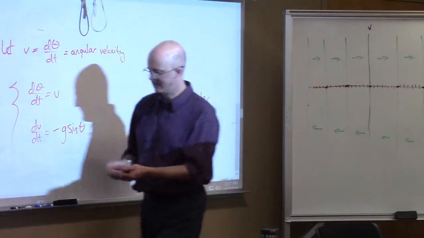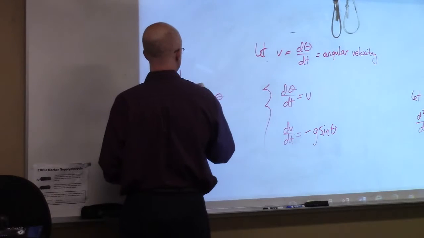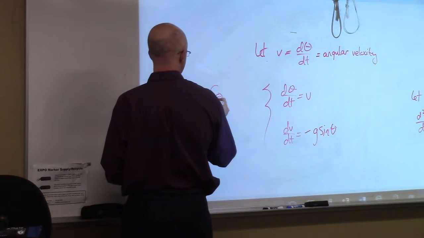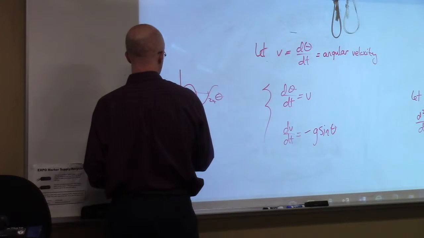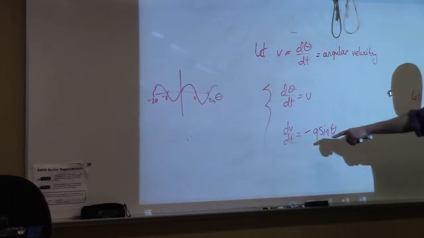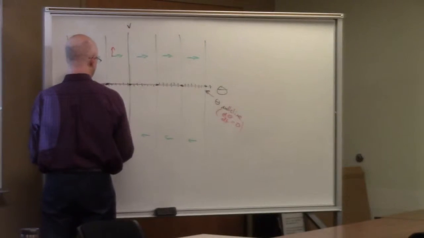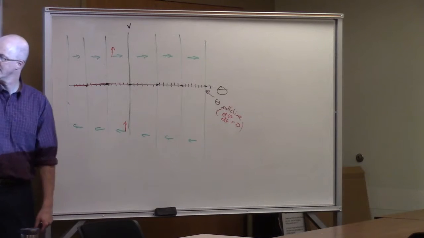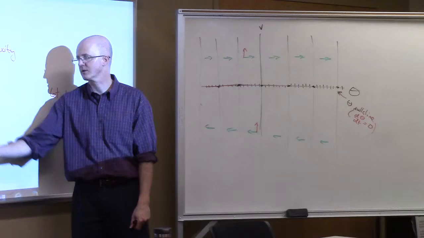If you think about the graph of sine of theta, an ordinary graph, sine of theta looks like this. Sine of theta will be negative, for example, between negative pi and 0. dv dt will be positive for such values of theta. When theta is between 0 and pi, sine of theta is positive. You got the negative sign there, so dv dt is negative.